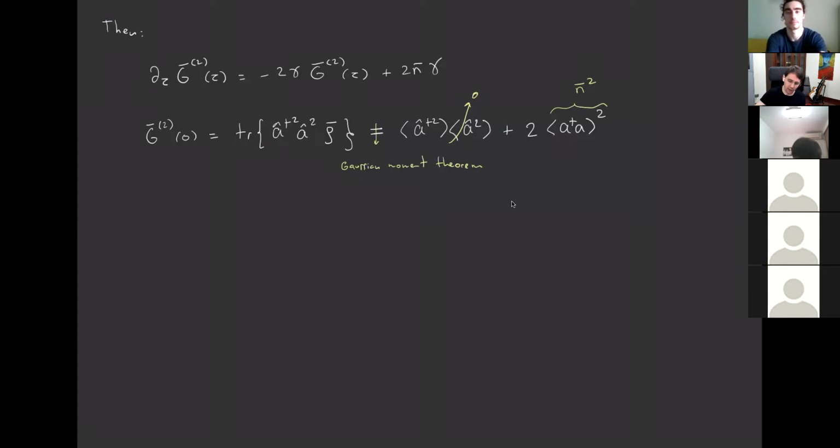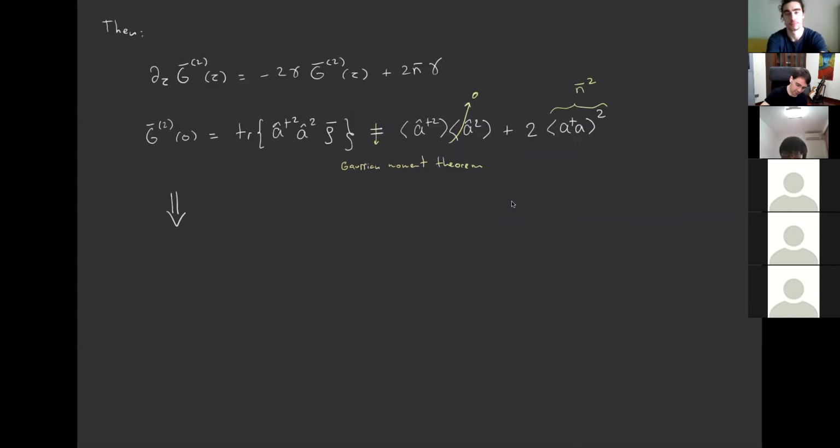So once you have the initial condition and you see that G2 of 0 is equal to 2n squared, then you can solve it. It's a linear equation. We know how to solve linear equations. We have done it many times, and I gave you a general expression.